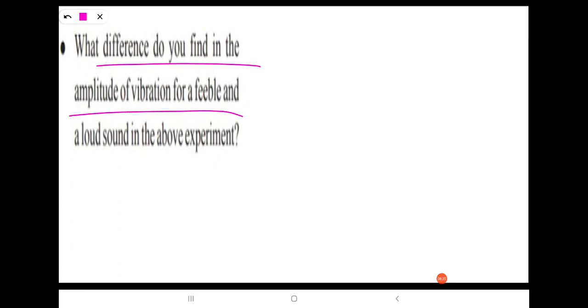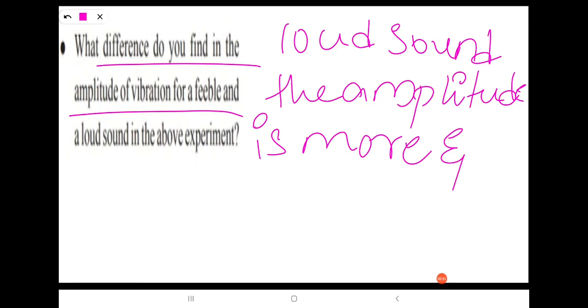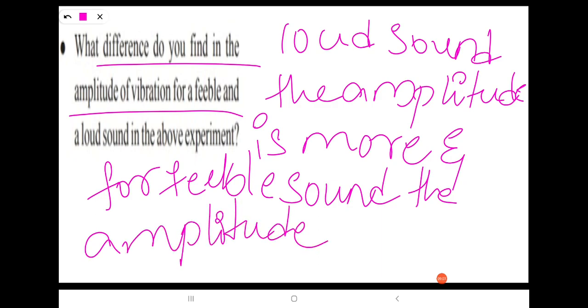So here, for a loud sound, the amplitude is more, and for a feeble sound the amplitude is less. So this is the relation between the intensity of sound produced by a body and the vibrations of the body.